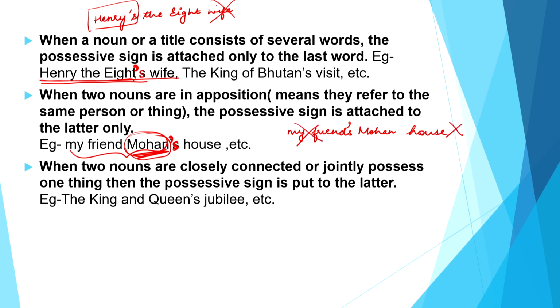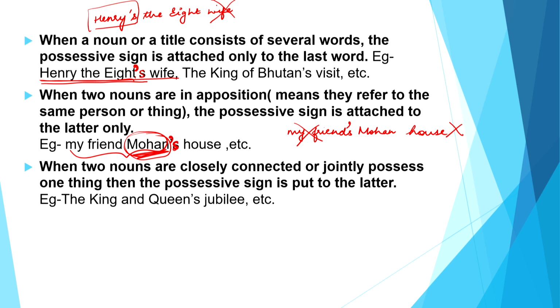Now, let us talk about another rule. When two nouns are closely connected or jointly possess one thing, then the possessive sign is put to the latter. For example, the king and queen's jubilee, or another example, Hrithik and Suzanne's divorce.